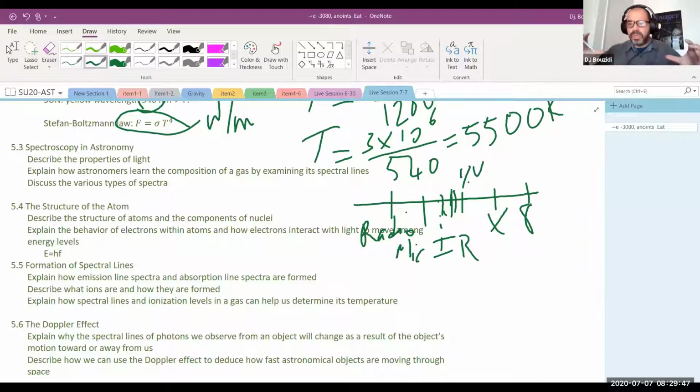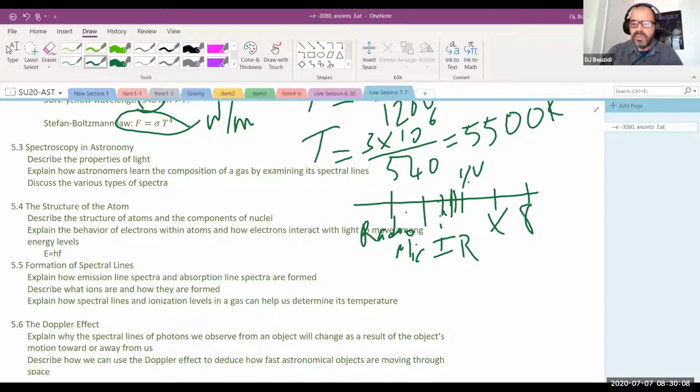These are bands. These are not specific frequencies. The visible region, which is what our eyes are sensitive to, spans a whole spectrum by itself. The X-ray region, which is actually a big region, also spans a whole spectrum. So that's, in a nutshell, what these things are.